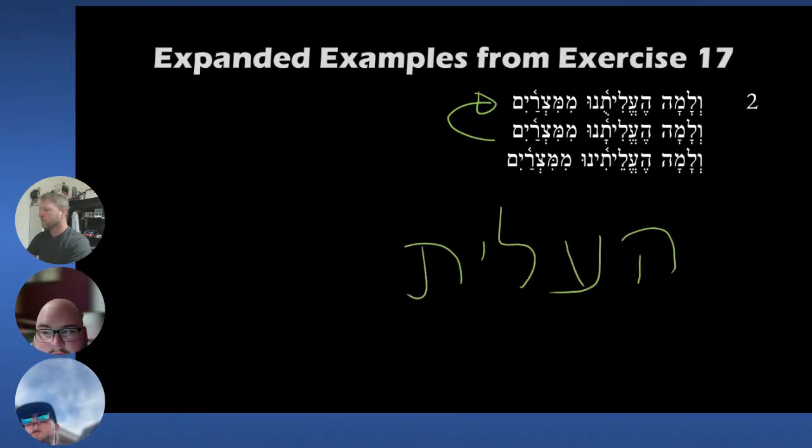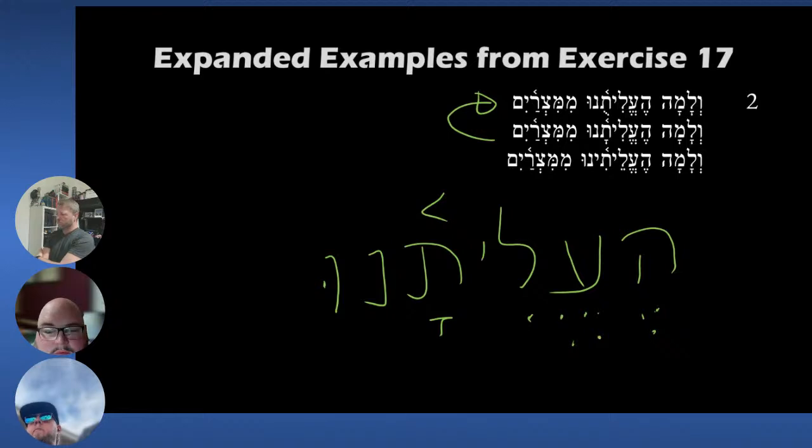This time it is the second masculine singular. So elita. But this time, it's elitanu. So velama elitanu mimitzrayim. So why did you bring us, you singular, masculine, from Egypt?